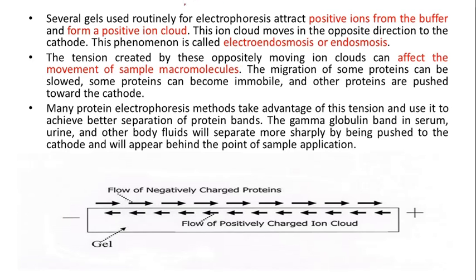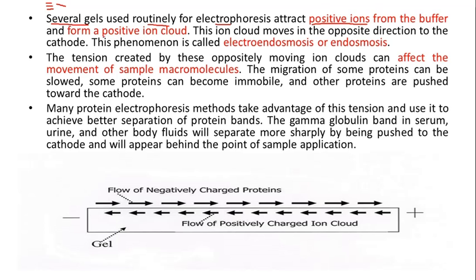Here once again I clearly mention that several gels, like polyacrylamide gel, agarose gel, starch gel, cellulose, whatever it is, are routinely used in electrophoresis for separation of the corresponding molecules. At the time of electric field application, some positive ions are formed.